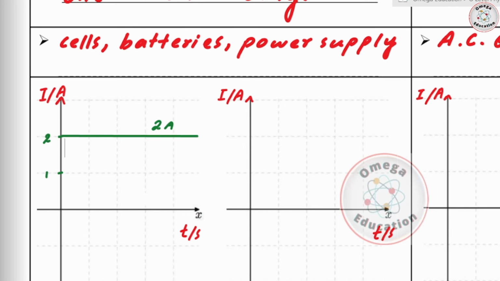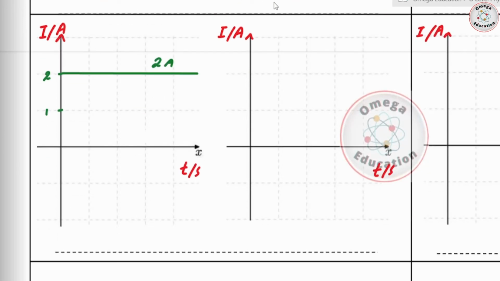Or in the second case, there's another example as well. For instance, there is a current that is represented by a graph like this one. If we analyze this one, once again, let's say one block represents 1 ampere. So this one would be minus 1 ampere.